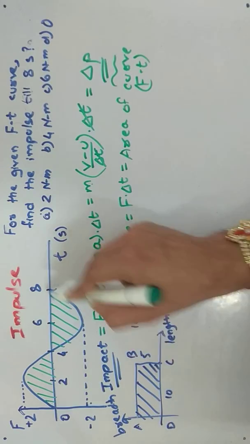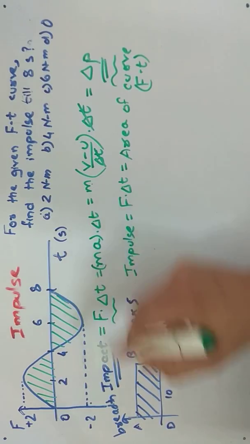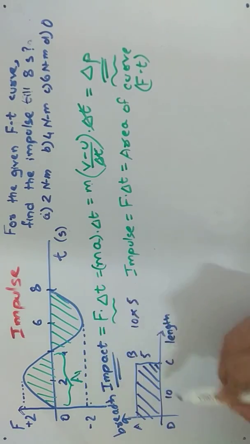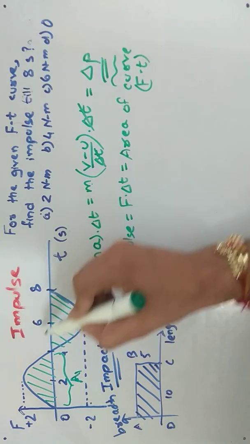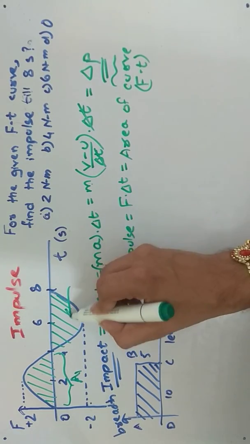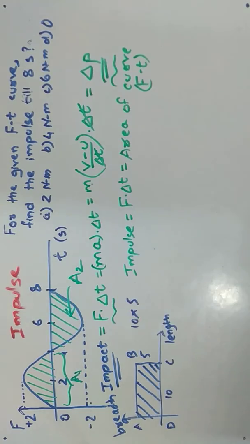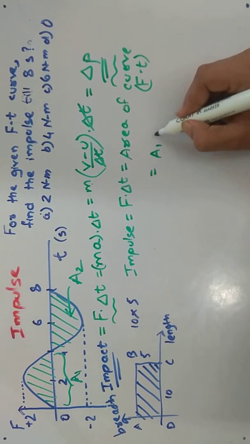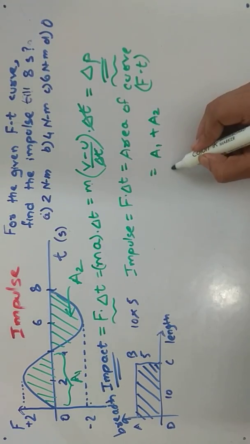Now this is a sinusoidal curve. For the sinusoidal curve, if we take this area as A1, and this area as A2, then the area of the curve will be nothing but A1 plus A2.